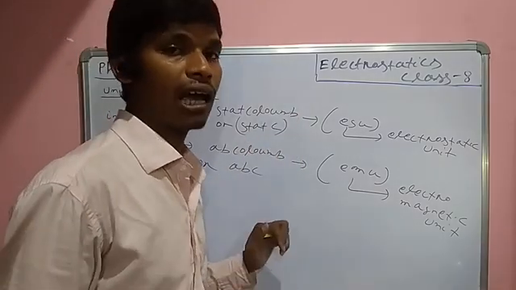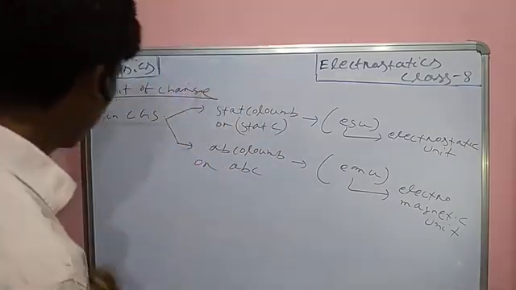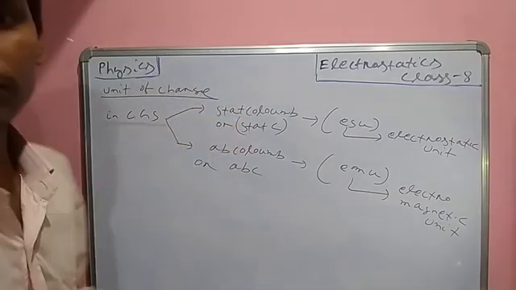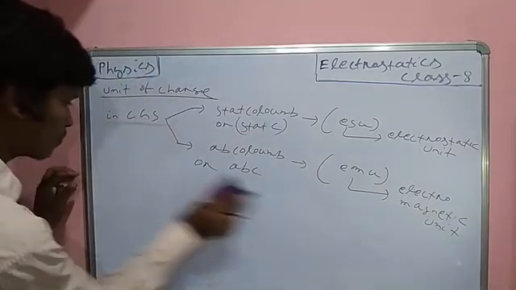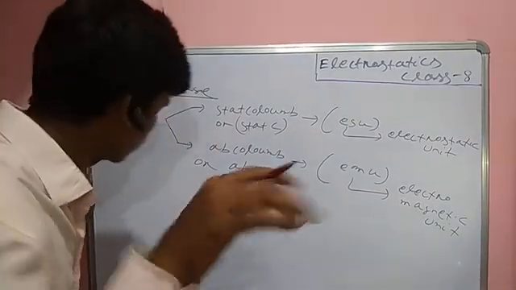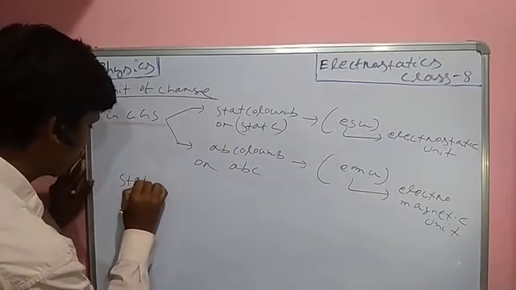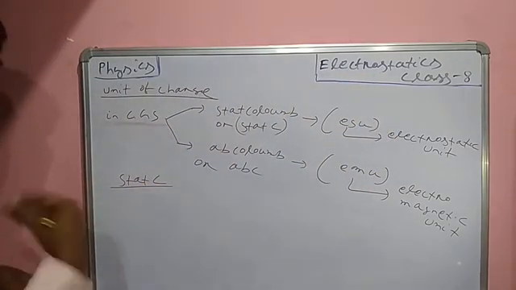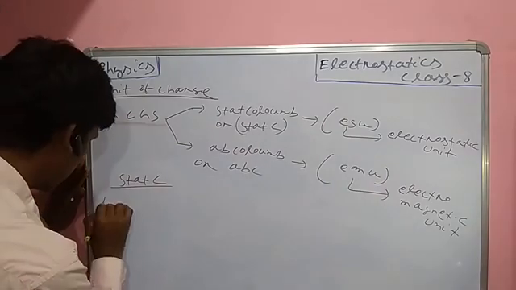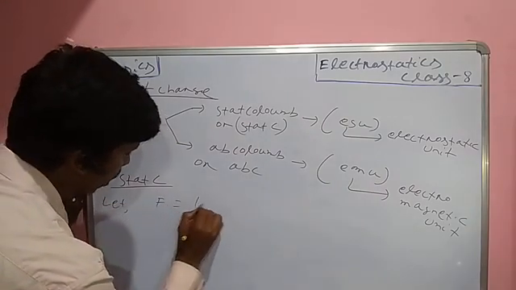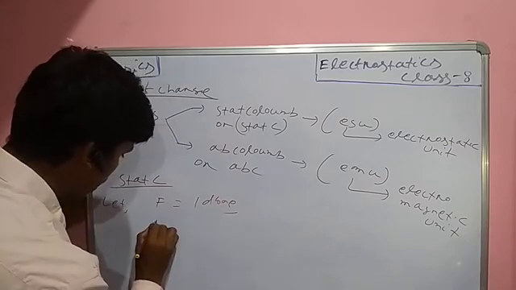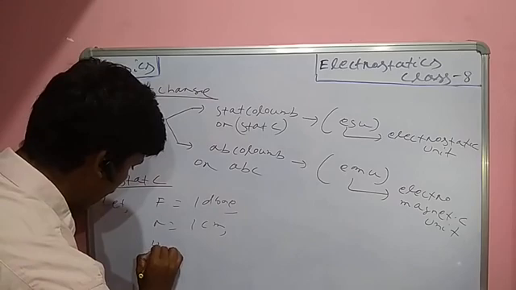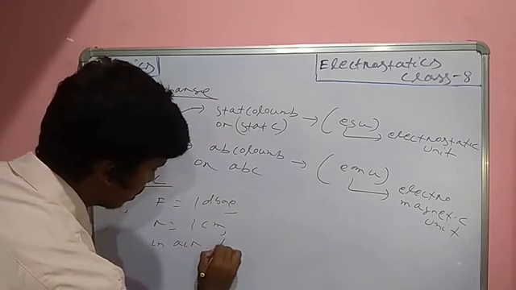What is statcoulomb? Make a heading: statcoulomb. Here statcoulomb means, in the CGS system, let F is equal to 1 dyne, R is equal to 1 centimeter, and in air the K value is 1.